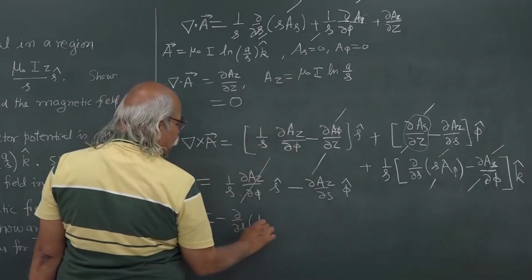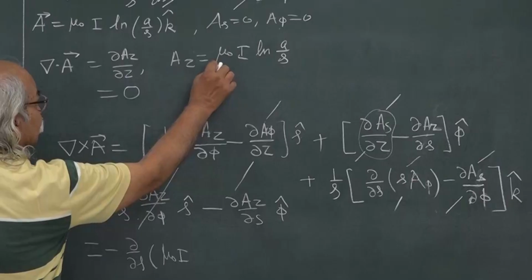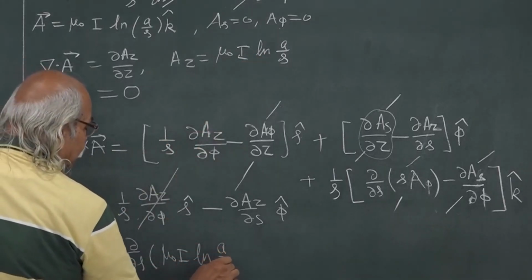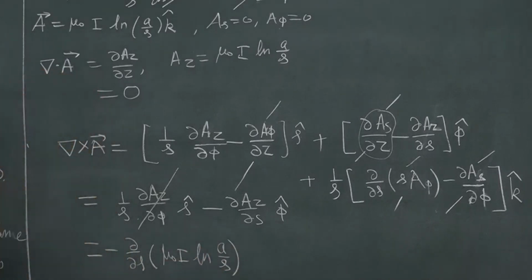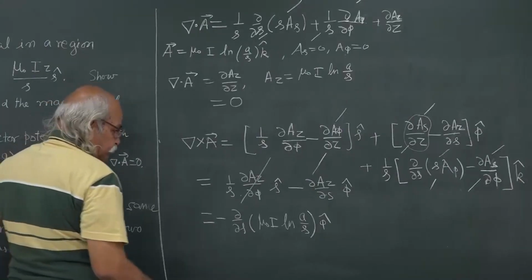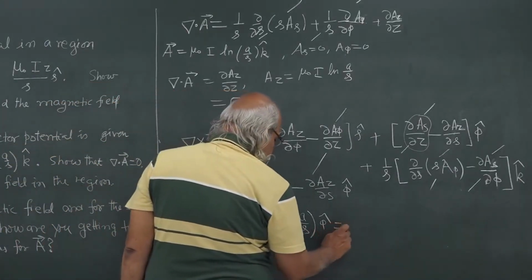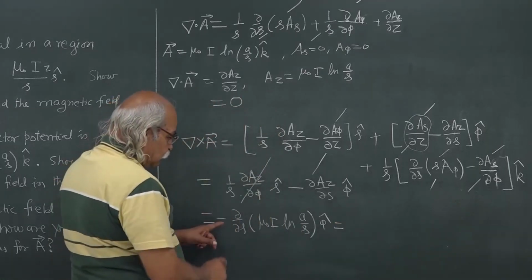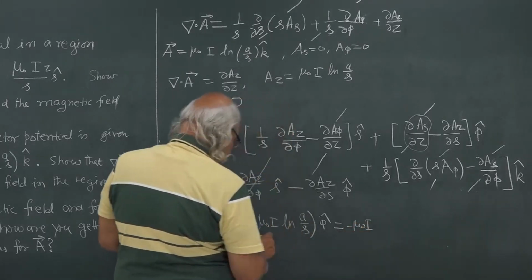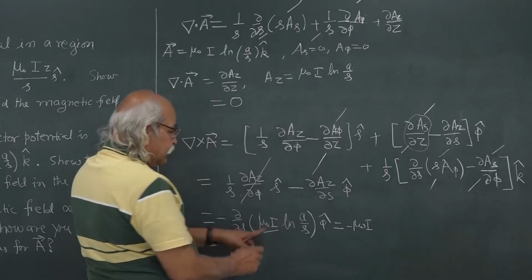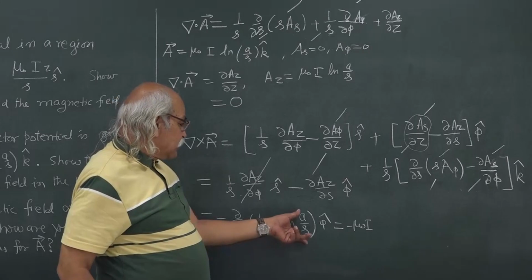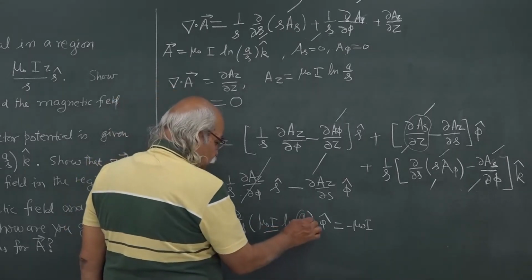A_z is mu naught I times log of A by S, in the phi cap direction. So this will be equal to minus mu naught I, and then del S of log of A by S. If you differentiate with respect to A by S, what do you get?